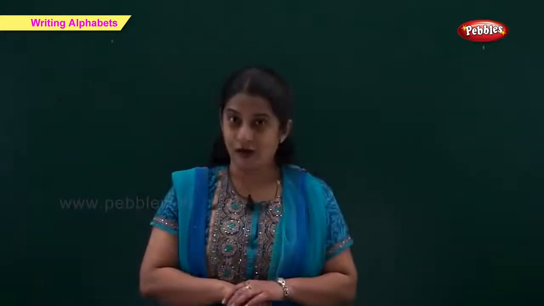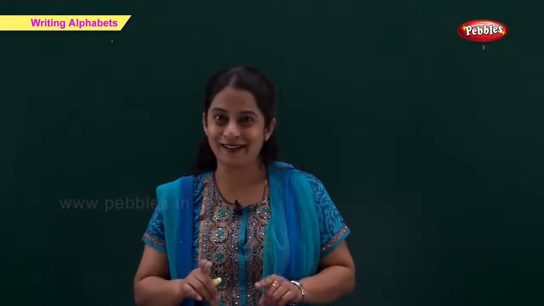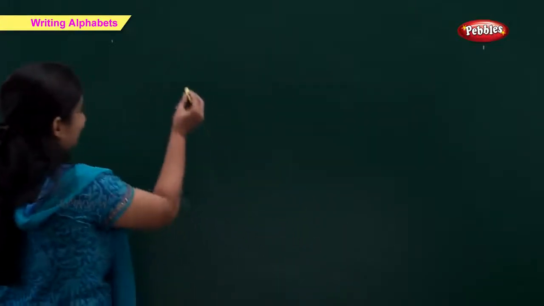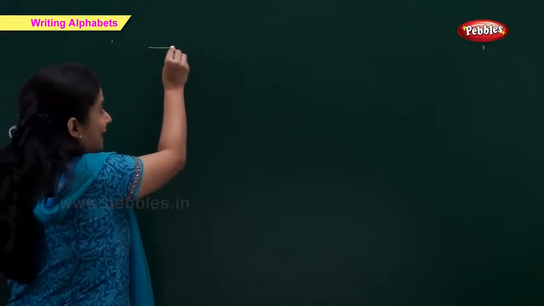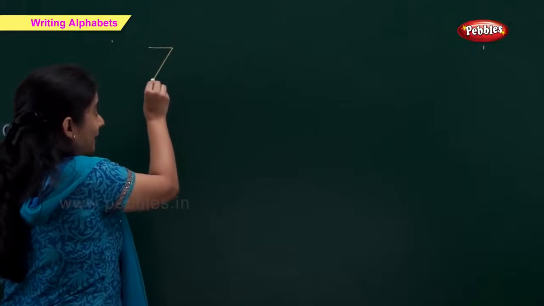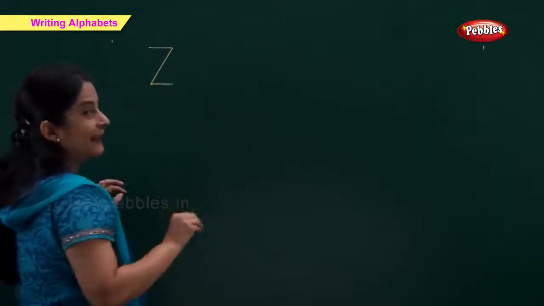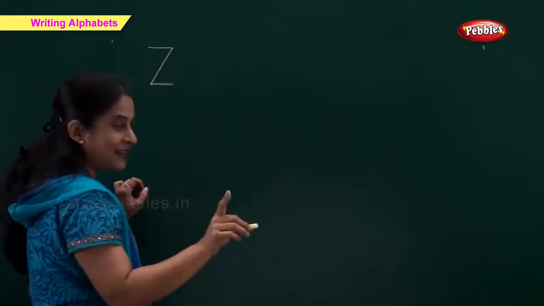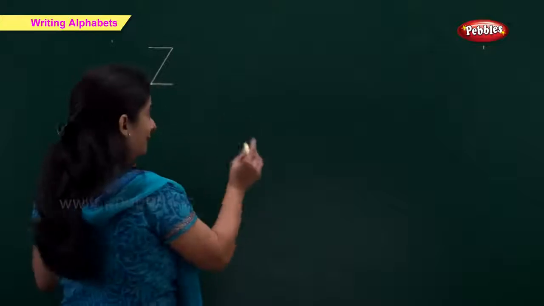Y. And now friends, it's time to write our last letter. Z. Yes, you are right. Z for zebra. A sleeping line, a cross line, and a sleeping line makes Z. Okay, now you tell me.